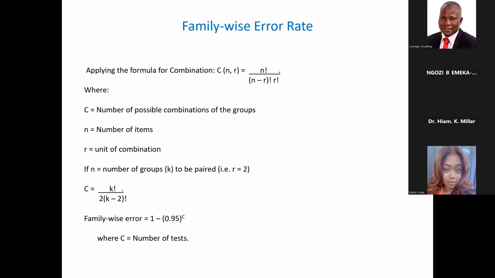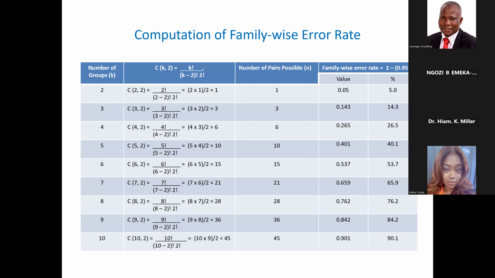So the family-wise error would now be 1 minus 0.95 to the power C, where C is the number of tests you carry out, the combination. I think there's a table here before I come back to that one.